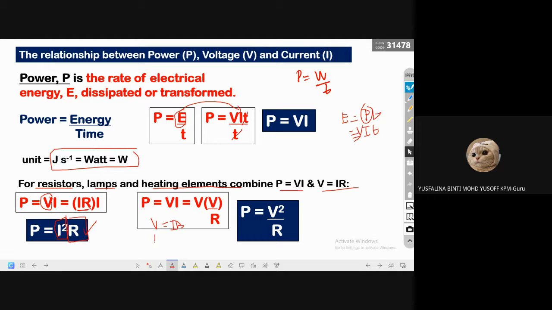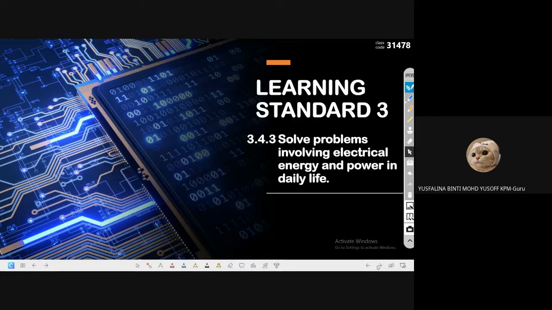So if I want to derive I, it is V divided by R. I replace I, and then V times V gives V square over R. So that's how you get the formula P is equal to V square over R. And the other one is P is equal to I square R. Usually for power loss we use this formula, but it depends on what information is given in the question.